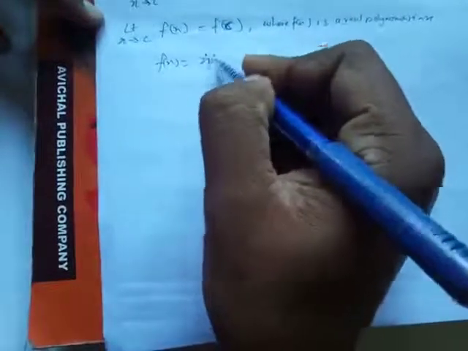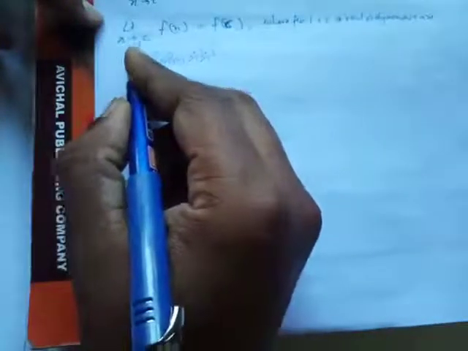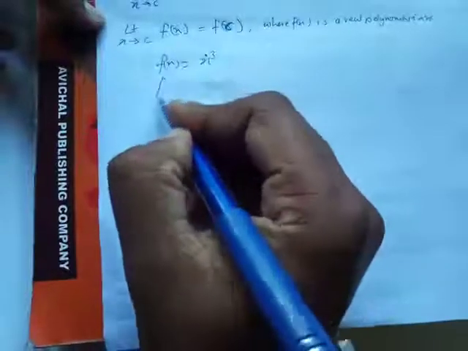What is c? Now c is this part. And how does this work? Where fx is a real polynomial in x. I'll explain this through an example. Let's say fx is a real polynomial in x, and let's say this is the polynomial, x cube only in x. Now think about it. If in place of x I put c, what is it going to be?